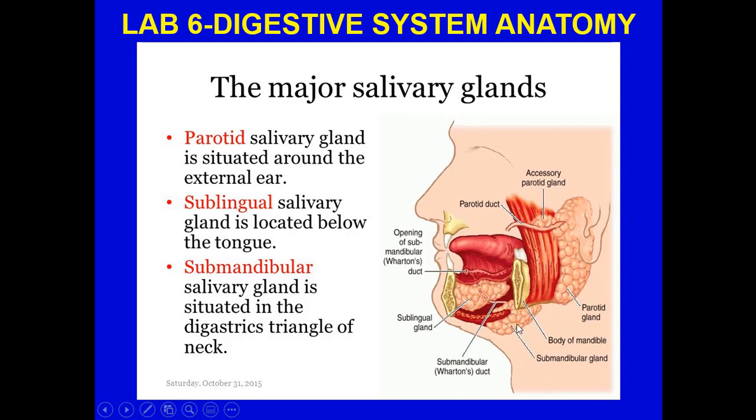We have the submandibular gland, and we have the submandibular duct, which comes up and joins the Wharton's duct, which is the opening of the submandibular duct, right here below the tongue. The sublingual is here, and it also contributes to this discharge, okay? So you have submandibular, sublingual, and parotid glands, okay?